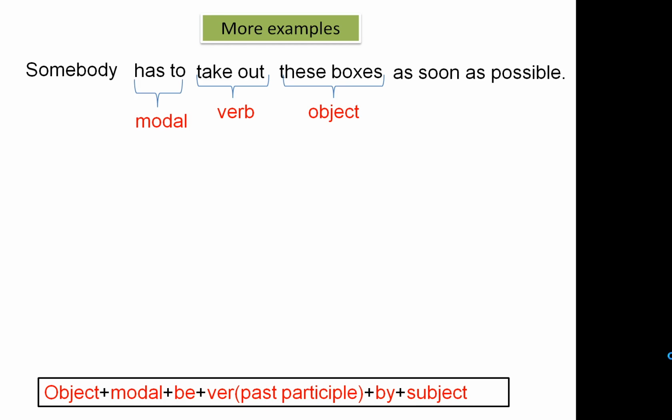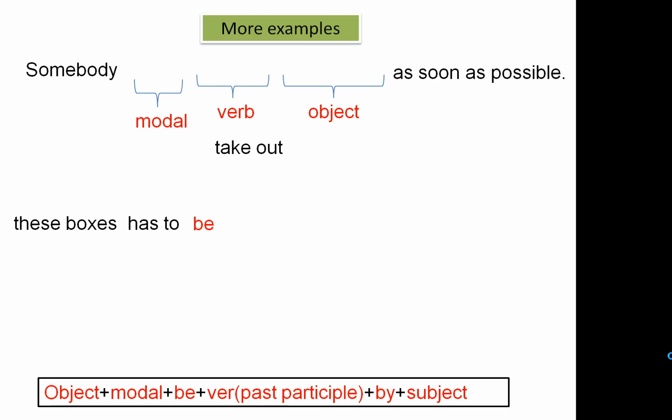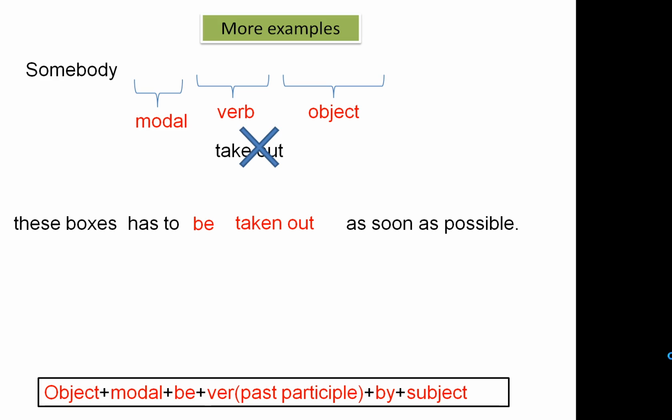So has to is the modal. So three different parts of the sentence I need to identify: the verb, the object, and the modal. Then I take the object to the beginning of the sentence and the modal, which is has to, and then be, and then the verb in the past participle, taken out, and then by. Somebody is not going to give me any information, so I skip it, and then I just put as soon as possible.